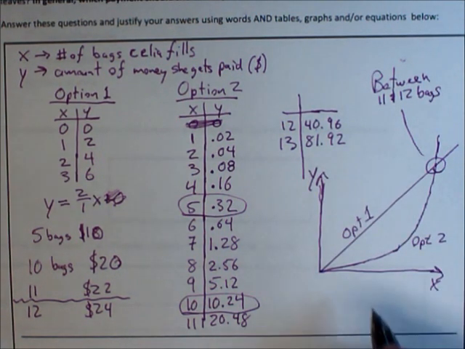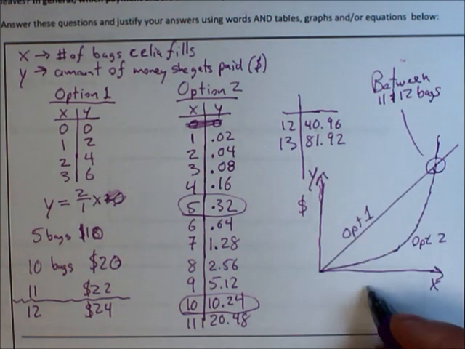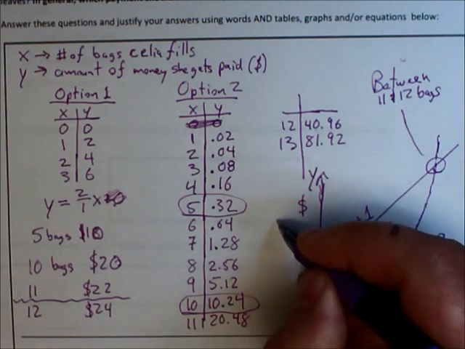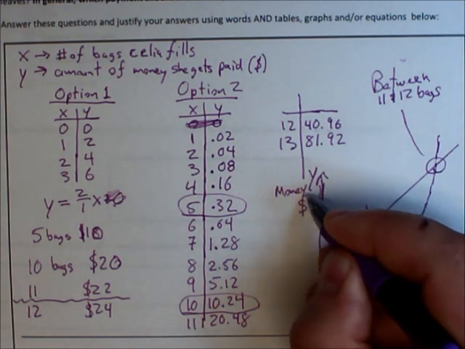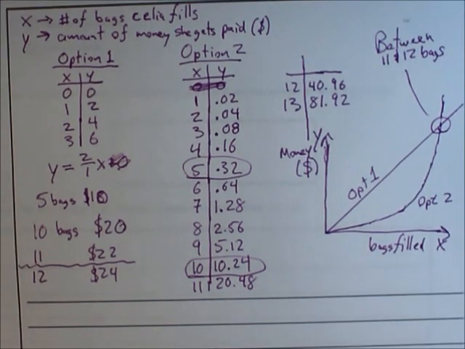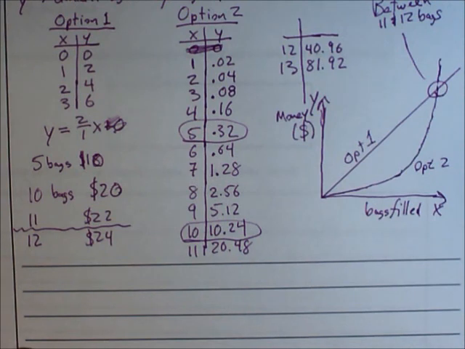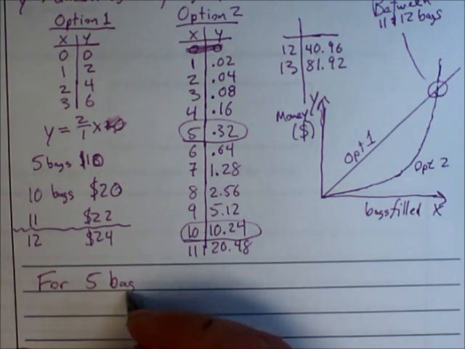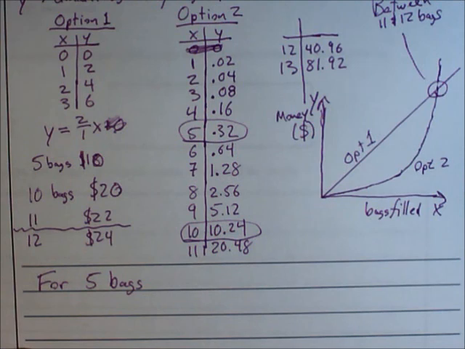This is the number of bags. So that's a lot of tables, graphs, equations, and now I'm just going to write some words to explain. I will write it and then come back on camera.